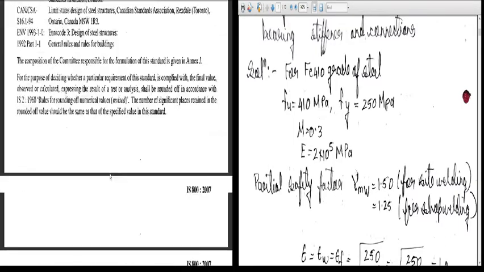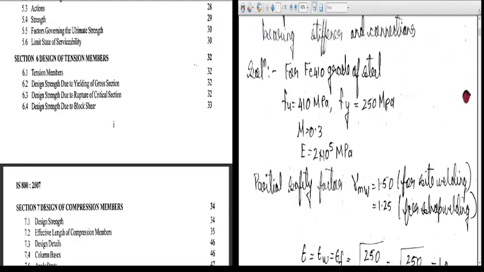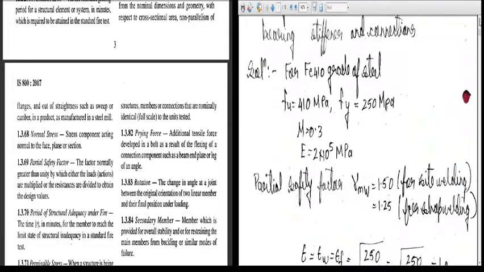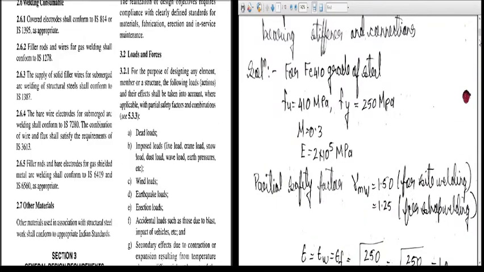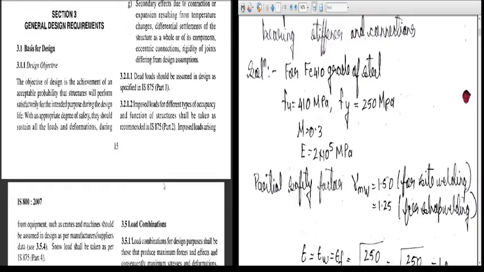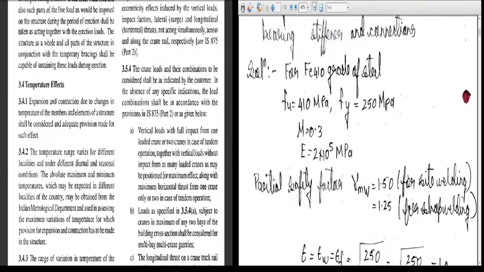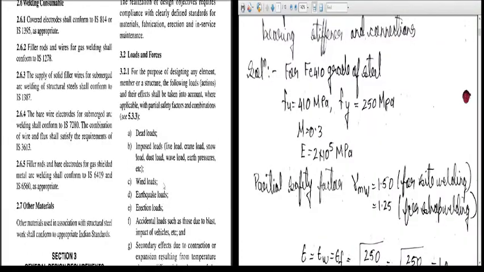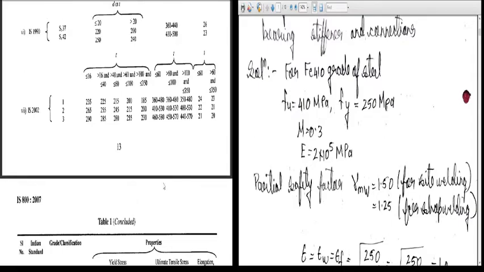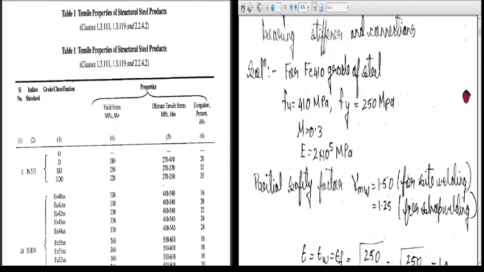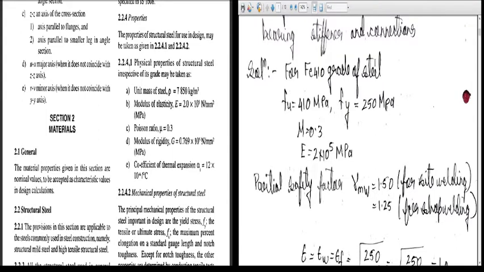If you go to page number 12, you will get to know the properties of the steel. Here you can see material properties.